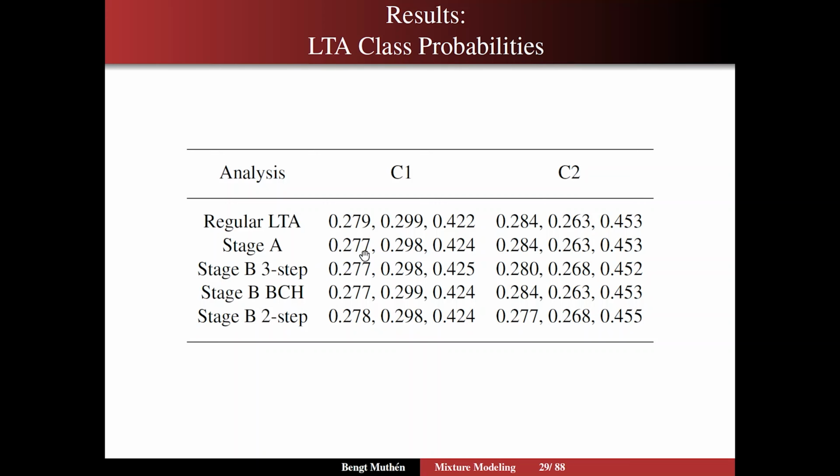And we see that we have fairly good control, or very good control, of the class probabilities between the first and the last stages in all cases. In fact, for the BCH approach, it's right on target, apart from this little difference here. And very close values, and here exactly the same as stage A. Two-step is also very, very close. So that's something you may want to check in your real data analysis.